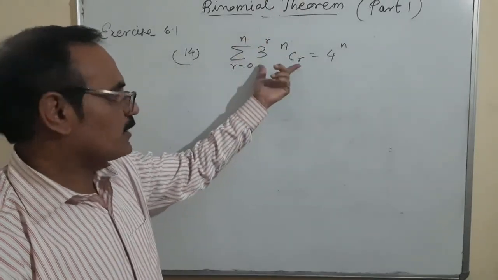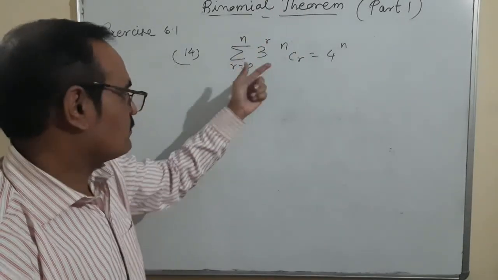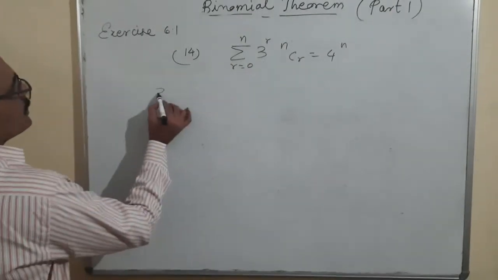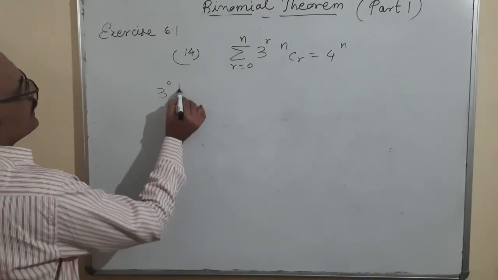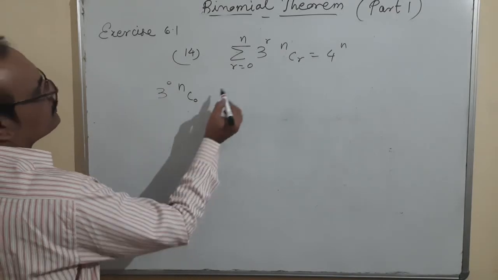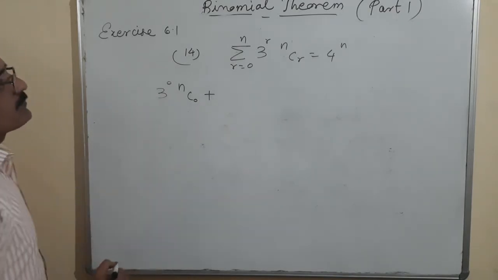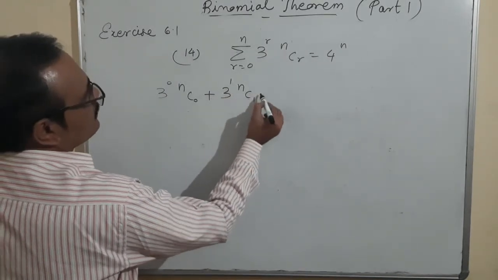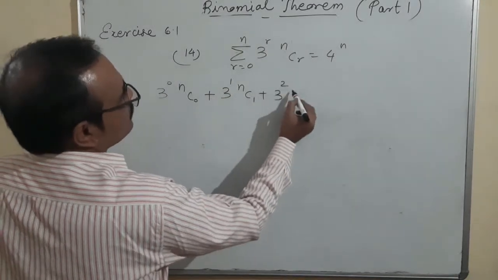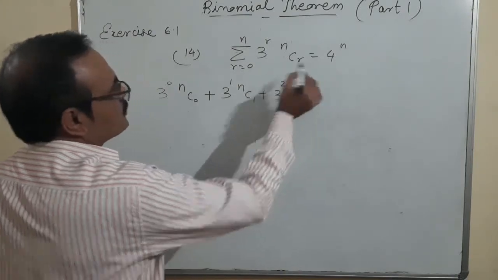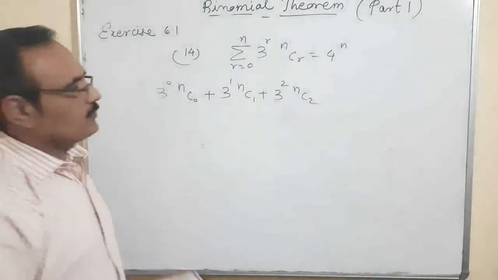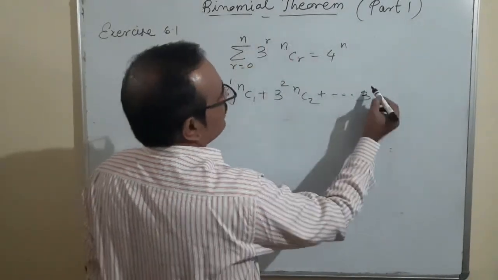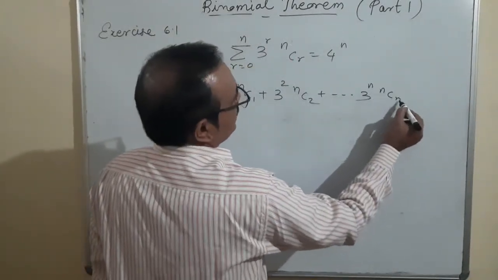If we want to write this in extended form, first we put r = 0. So 3⁰ nC0 + 3¹ nC1 + 3² nC2, and the last term is 3^n nCn.